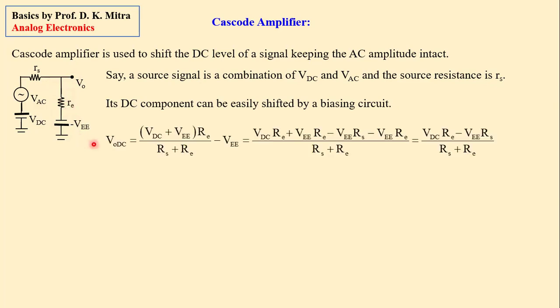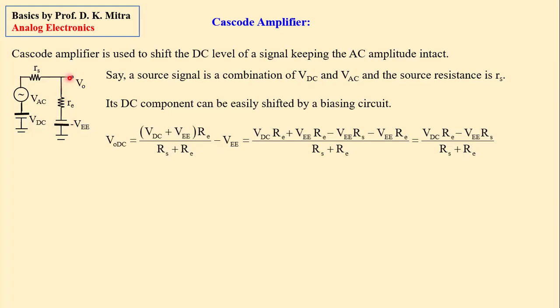How it works? What is the output DC? V output DC is equal to VDC plus VE. It is connected in reverse direction. VDC plus VE, that multiplied by this resistance RE divided by the total resistance RS plus RE. That minus VE, this potential.